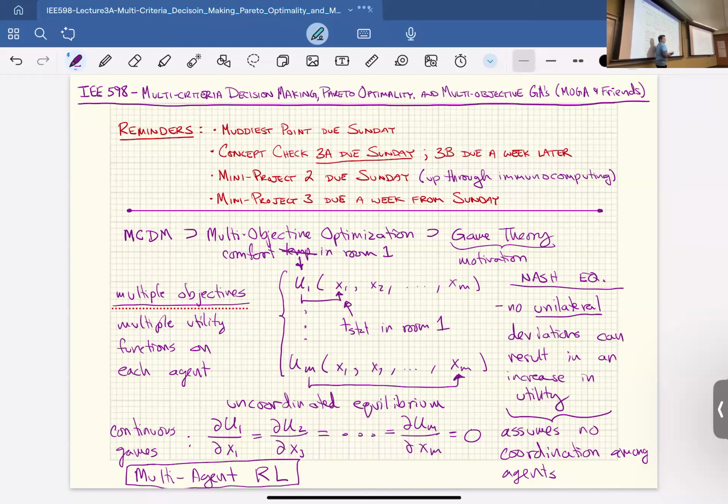If they leave their temperature set high and just leave it there, then at least I know what my utility function is, and it's a local maximum. But if they then change their temperature, it may not be a local maximum anymore. It changes the shape of my utility function, so I then need to change. I'm trying to find my local maximum, but my utility function's shape gets deformed by the actions of everybody else.